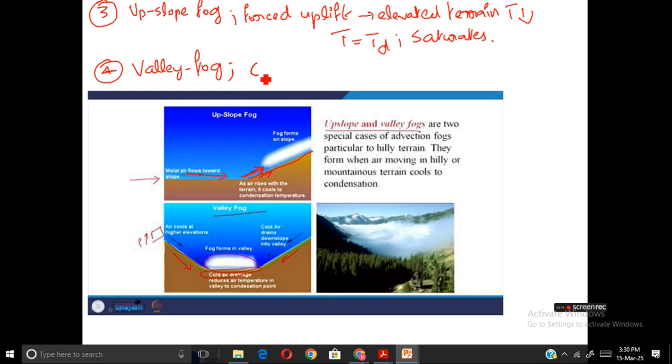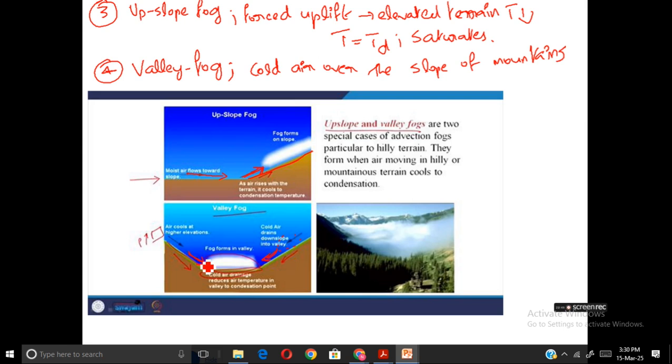Fourth one is valley fog. Valley fog means the cold air over the slope of mountains or terrains is forced to come down due to its higher density. As it is cold, and since there is a lower surface over here, the parcel is forced to come down to this valley from the slopes.